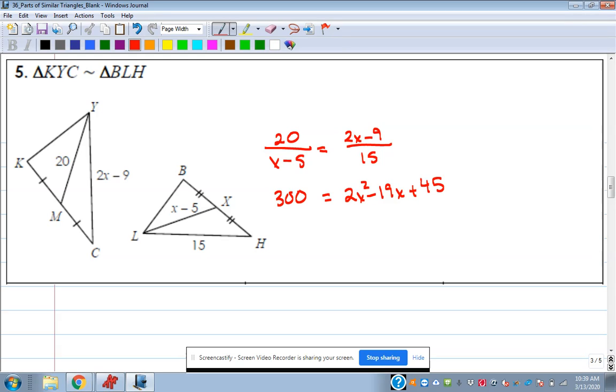All right, now what do we have to do? Is it equal to 0? Minus 255. And then how are we solving that?